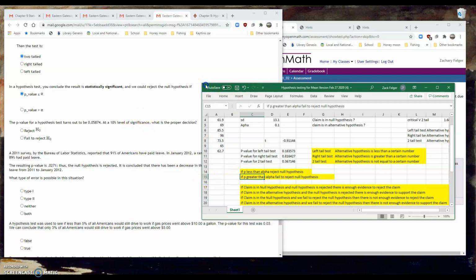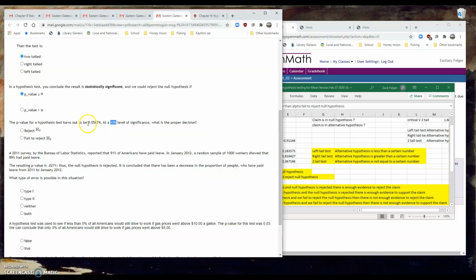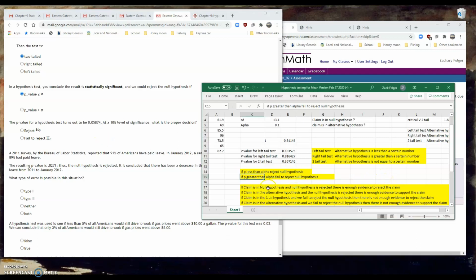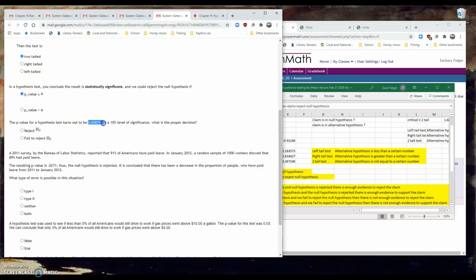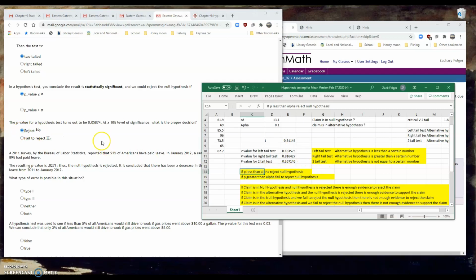So in this instance, alpha is 10%. We only have a little over 5% here. So, knowing that our p is less than alpha, we can reject the null hypothesis.